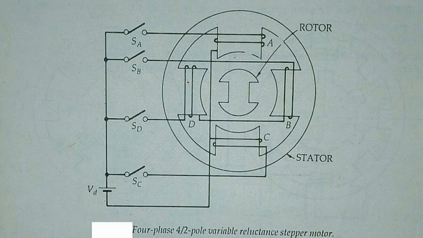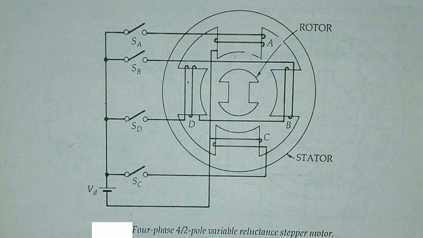The phase windings of the stator are energized in the sequence A, B, C, D, A. When winding A is excited, the rotor aligns with the axis of A. The rotor is stable in this position and cannot move until phase A is de-energized.